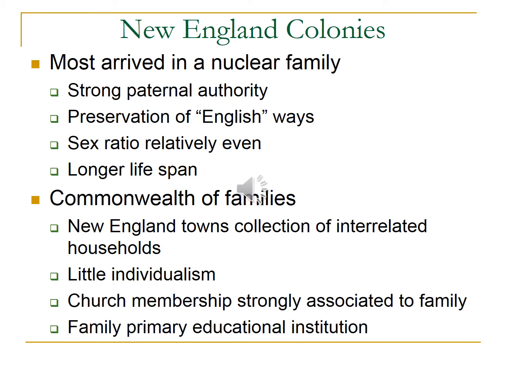Everybody could find a spouse. And they lived longer because of their nuclear family, because of the stability, and also, maybe most importantly, because of the cold weather of New England. New England settlers early in the colonial period had a much healthier and longer life than those farther south.